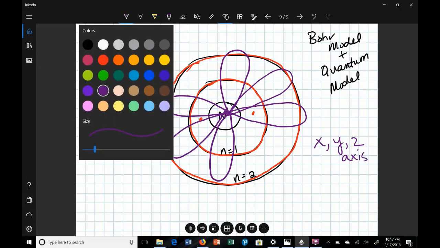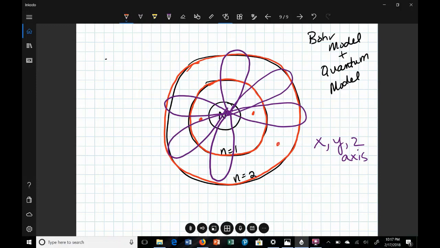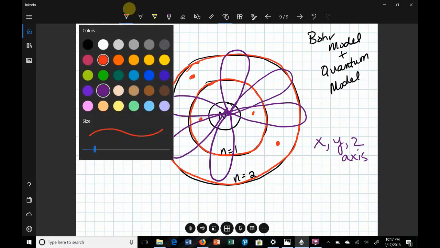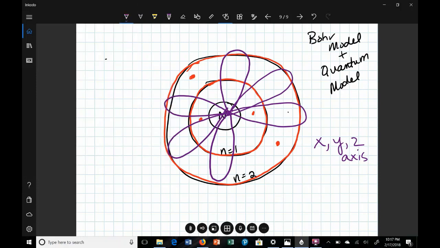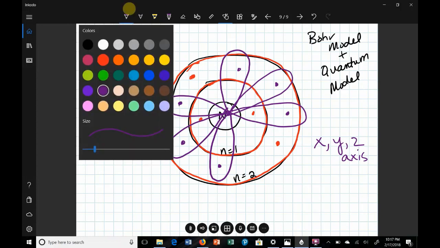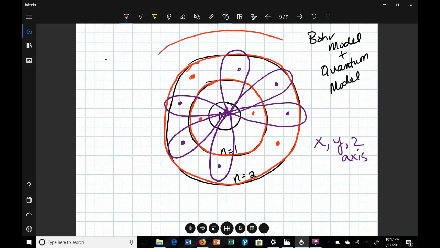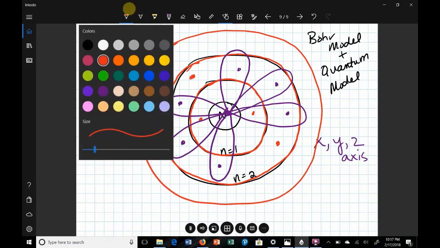So we can have those 2 electrons in our s orbital, and then we can additionally have those 6 electrons in our p orbitals.